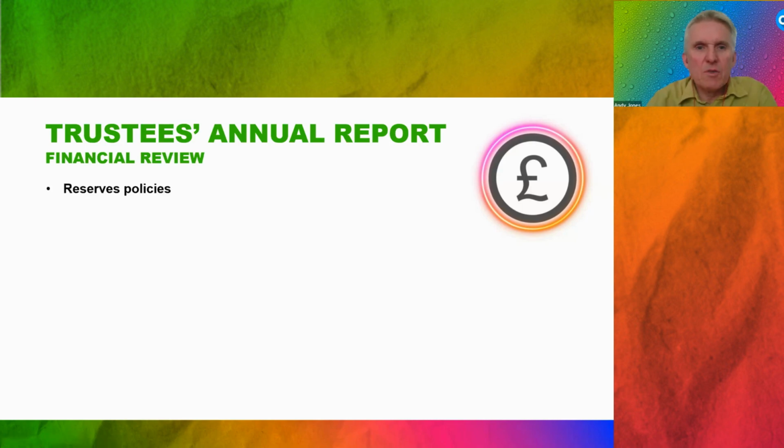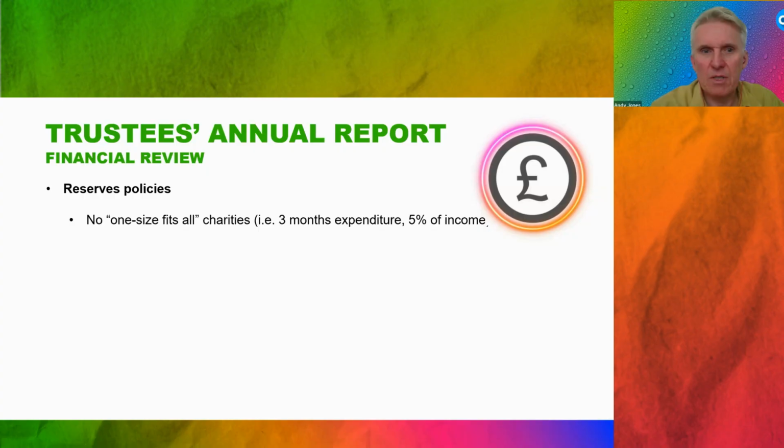When it comes to reserves policies, I just wanted to talk about this a little bit. This is certainly an area we get asked a lot of questions about by clients: what's the right reserves policy? How do we compare to other charities? And I think there's no one size fits all for charities.